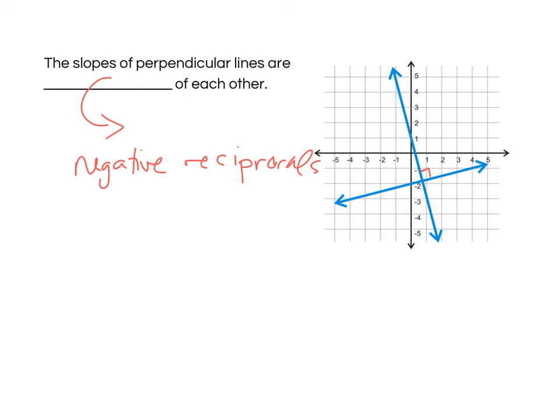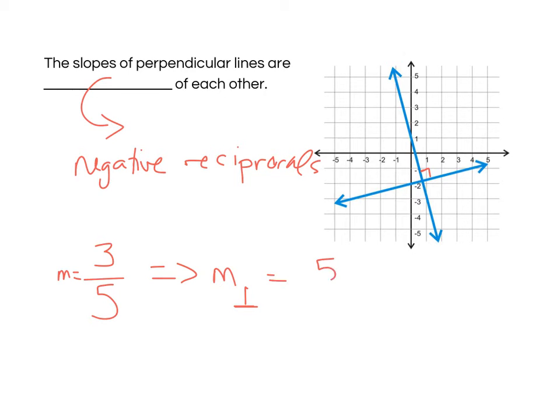of each other. So for example, if we knew that the slope of one of these lines, say for instance, was 3/5, and it's not, this is just an example, then we would say if m for one line is 3/5, the slope of the perpendicular, this is the symbol for perpendicular, we would take the reciprocal first of all.